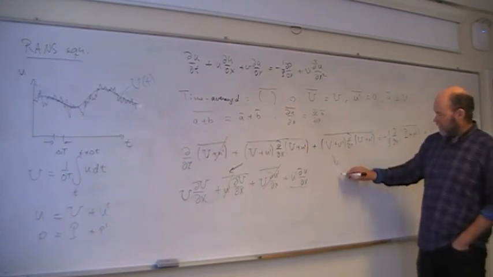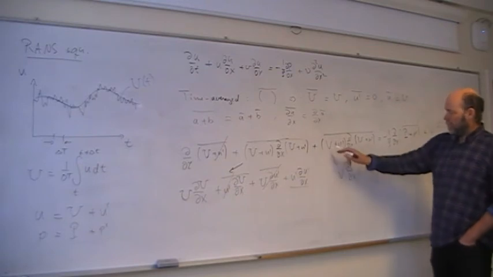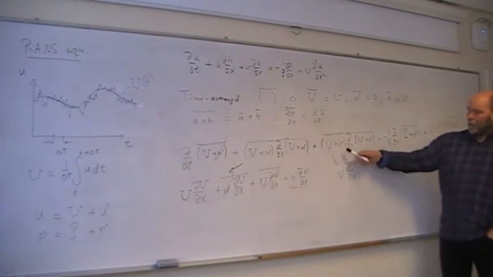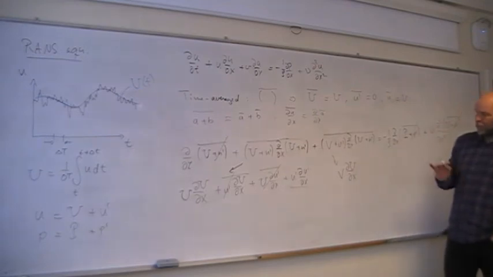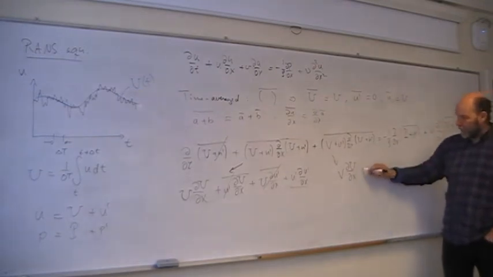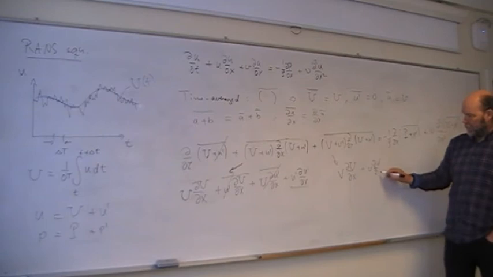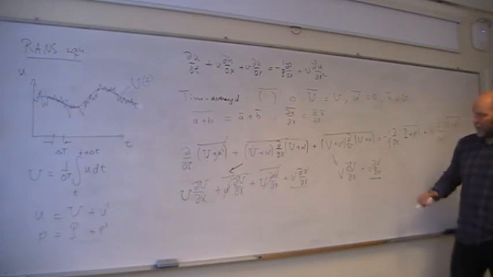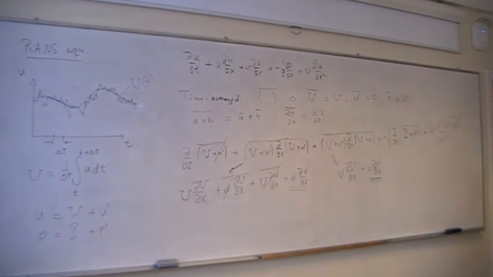You will have the big V dU/dx. So they will survive. But wherever you have just one single turbulent or fluctuating quantity, time averaged, it will disappear. But we are left with V fluct dU fluct/dy. It will also survive. So these two are the unwanted new guests that appeared in the equation.